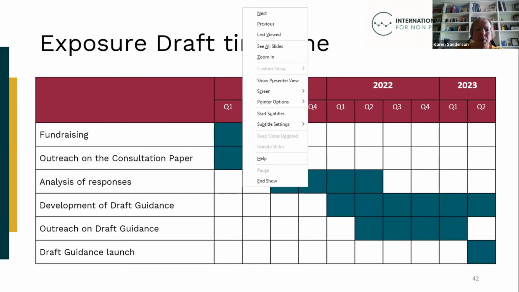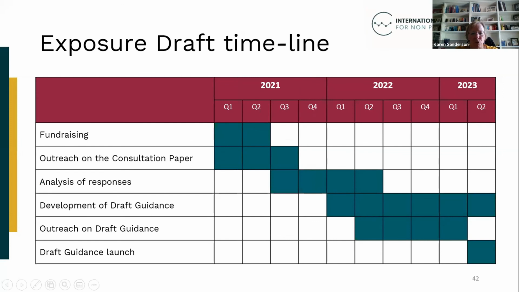Where we are at the moment is in the outreach on the consultation phase, which has gone through the first three quarters of this year. The consultation phase ends for part 1 on the 30th of July, so at the end of next week, very imminent, and for part 2 on the 24th of September.